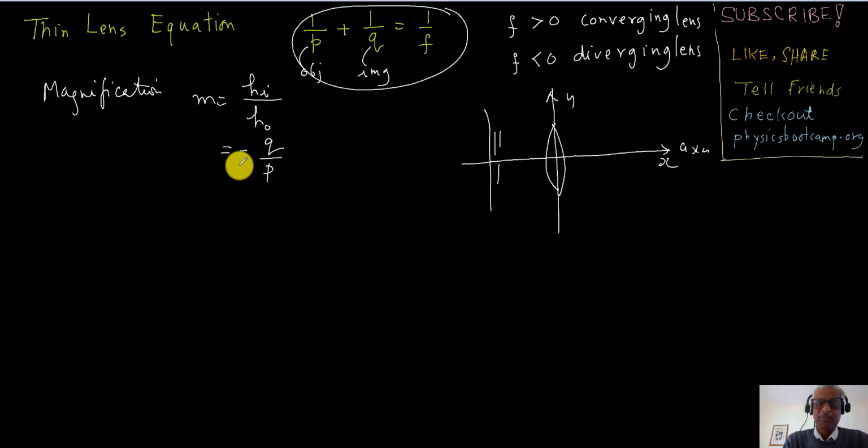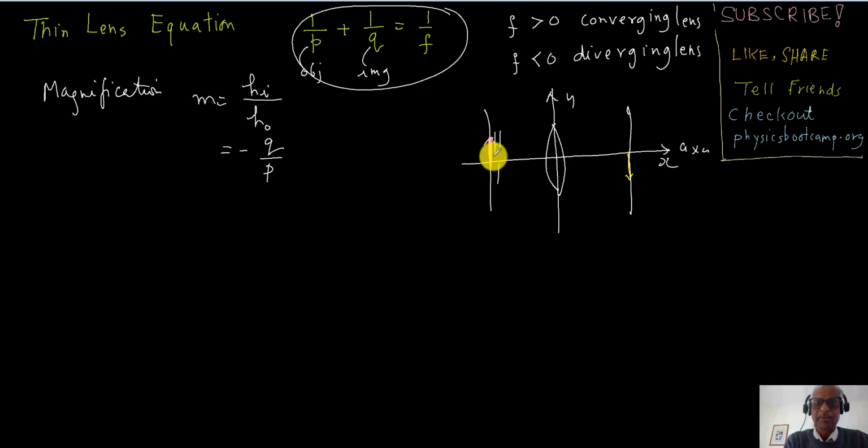Okay, so for instance, if I have an object here and maybe it forms an image over here, what does it mean to form an image over here?